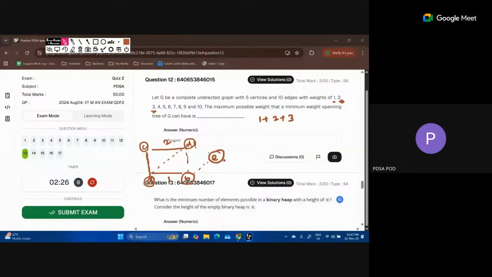And I'm going to assume this particular vertex is connected by the maximum edges, that is 9 and 10. Then the only way is you will be adding 9 here. Then what is the answer? 15. Is this the answer?